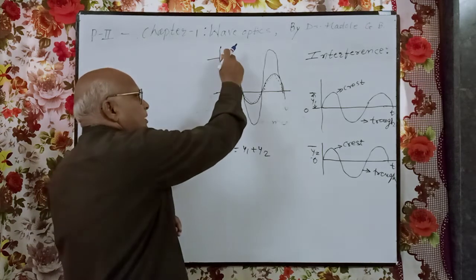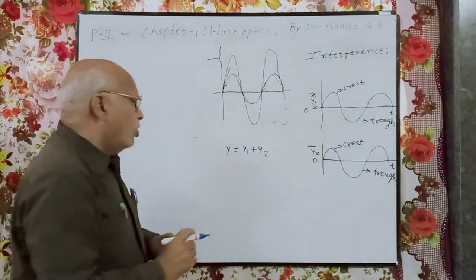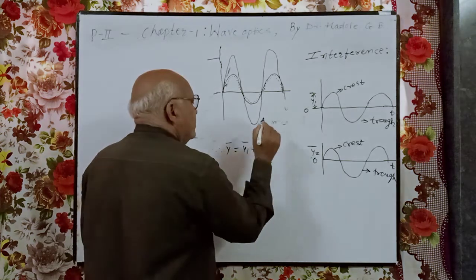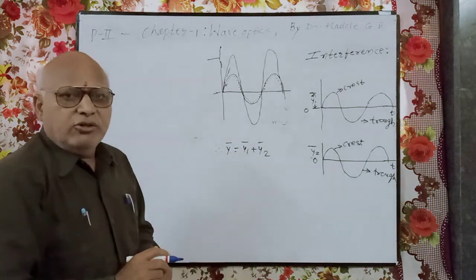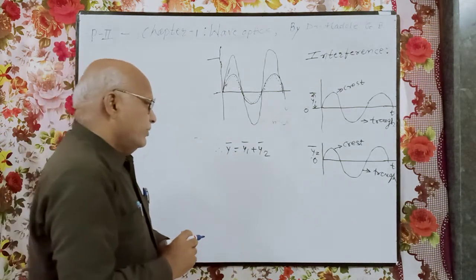The resultant displacement is the vector sum of the displacements of the two waves.